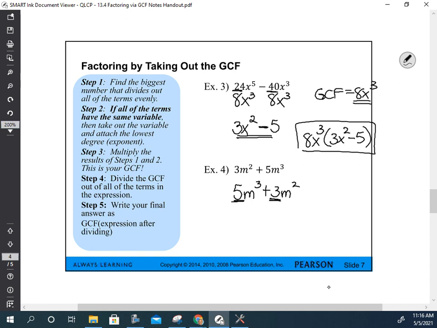But 5 and 3, what can you divide out? 1. Do they have the same variable? Yes. So take out the variable, smallest exponent is 2. So our greatest common factor is m squared.